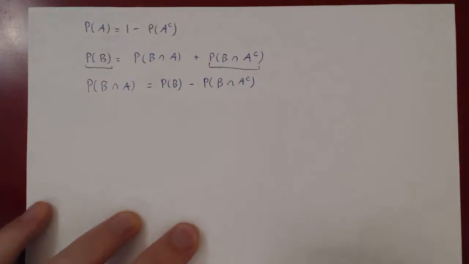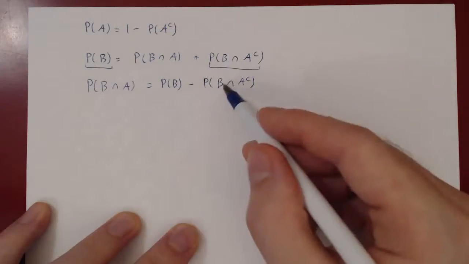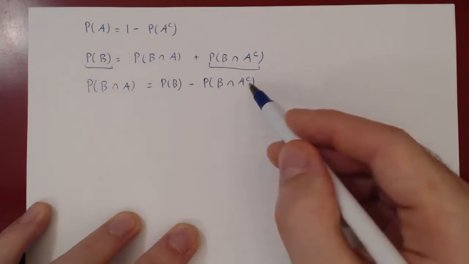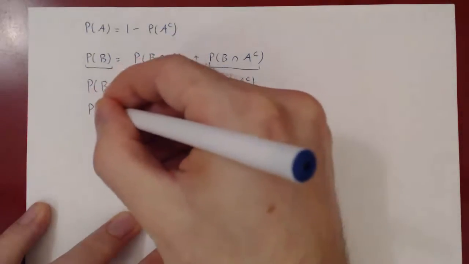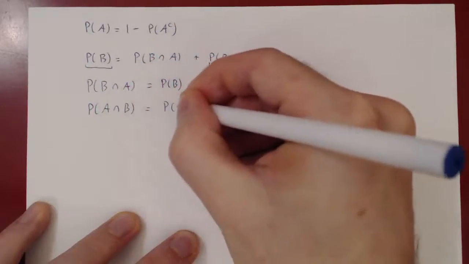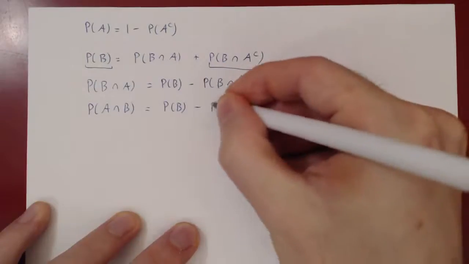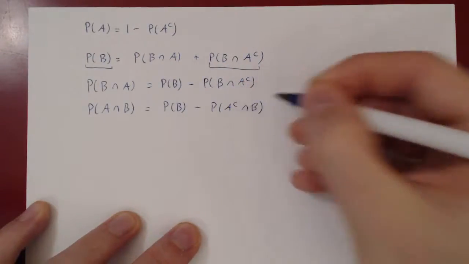Now the idea is, well, B intersects A is the same as A intersects B. B intersects A complement is the same as A complement intersects B. So I'll flip them around. P of A intersects B equals P of B minus P of A complement intersects with B.